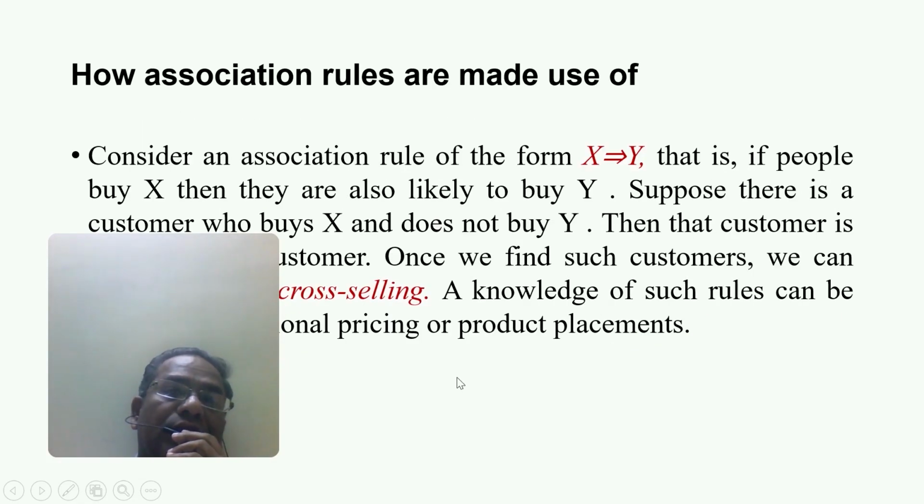How are the association rules made, and what is the use of them? Let us consider the rule in the form of X and Y. That is, if people buy X, then they are also likely to buy Y. Suppose there is a customer who buys X and does not buy Y, then the customer has the potential of purchasing Y. And once such customers are targeted, they will go for cross selling.